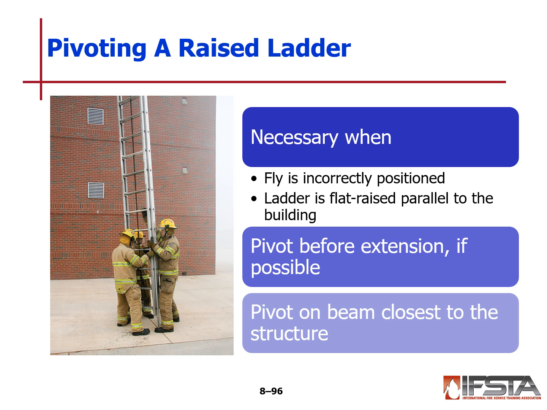And it's going to be very hard, especially if there's any wind blowing at all, for these three or four firefighters to keep this ladder from crashing down. So we want to pivot on the beam closest to the structure and pivot it to fly in or fly out depending on the construction of your ladder.